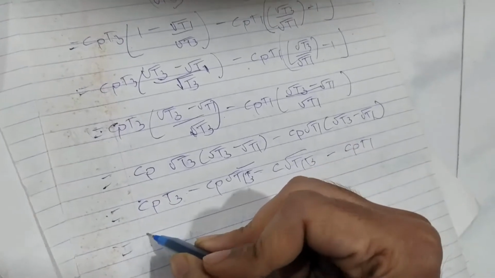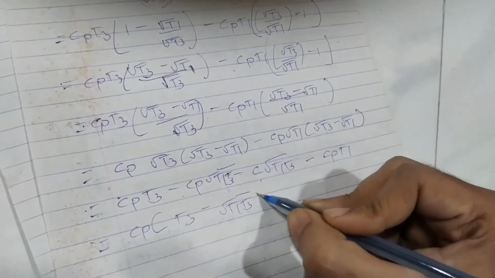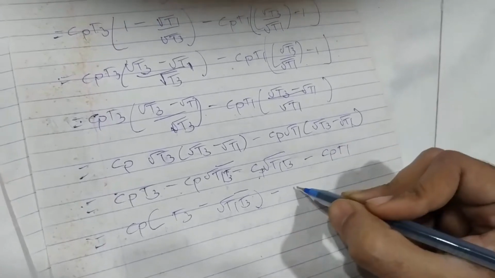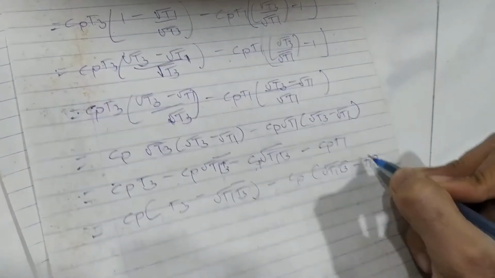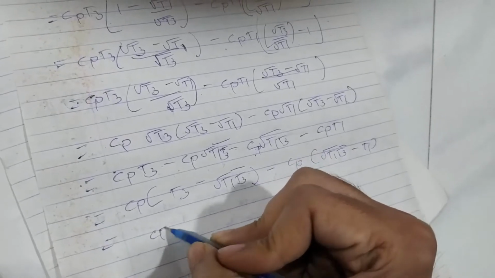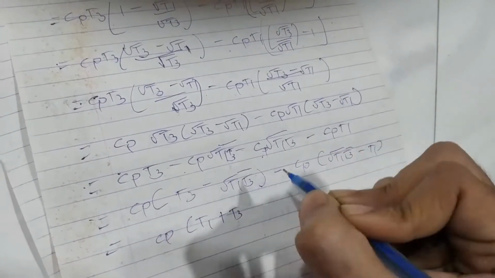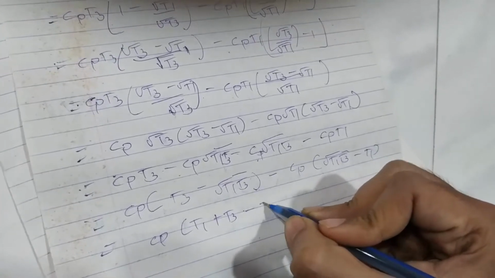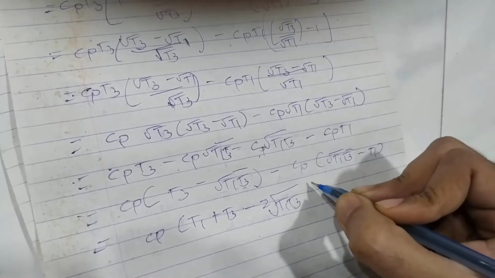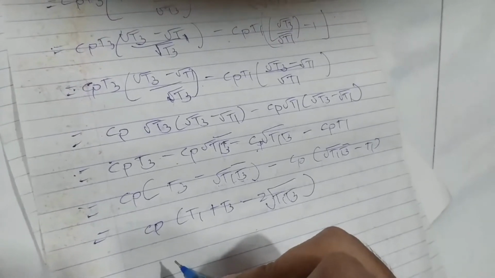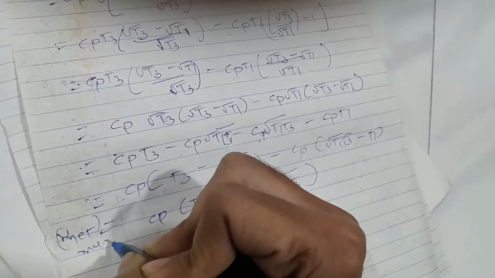So this equation can be written as Cp into T3 minus root T1 T3, minus Cp into root T1 T3 minus T1, and this can be written as Cp T1 plus T3 minus 2 root T1 T3. This is the maximum work.